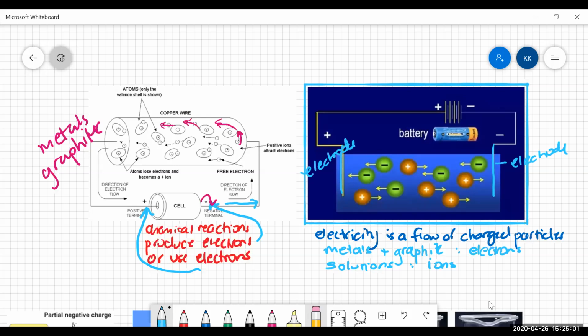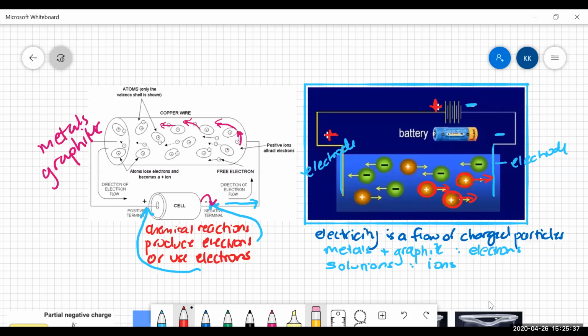And when you connect those electrodes to the battery, you cause this one to have a negative charge because it's connected to the negative end of the battery, and you cause the other electrode to have a positive charge because it's connected to the positive end of the battery. And when you do that, the positive ions, the cations, are going to move toward the negative electrode.